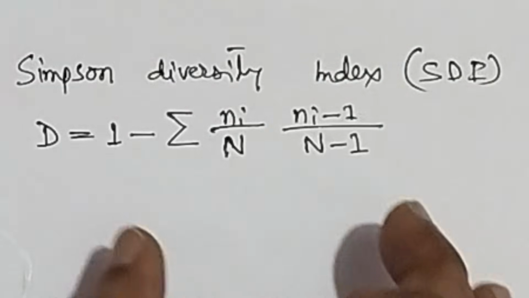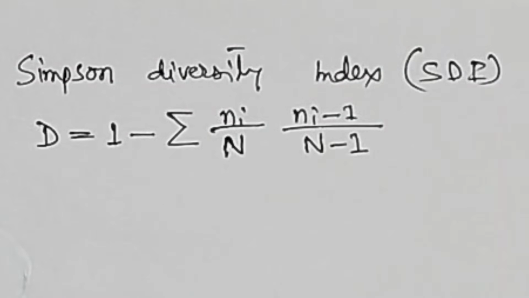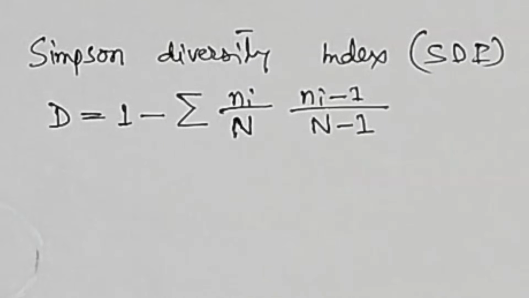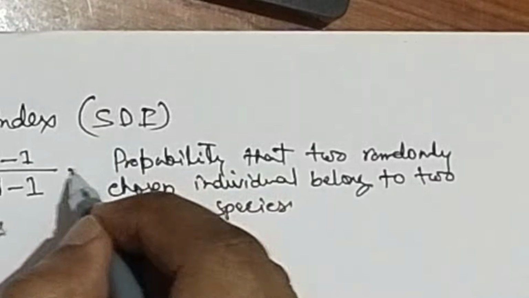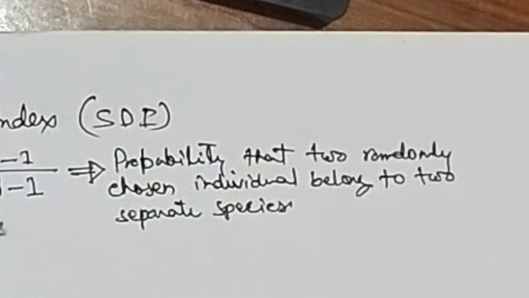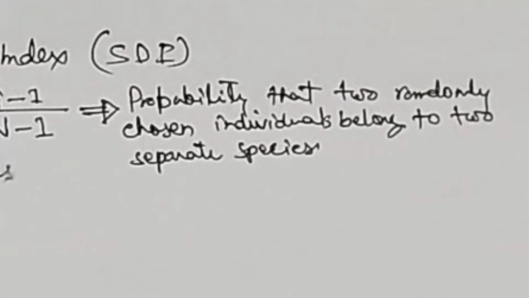This formula calculates the probability that two individuals belong to two different species if chosen randomly. Probability that two randomly chosen individuals belong to two separate species.